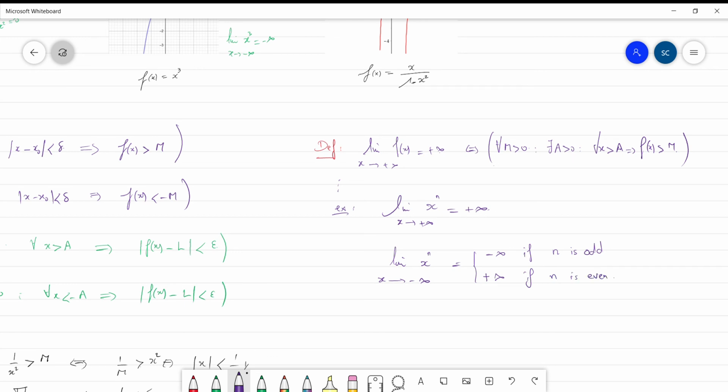And you can see it. These are basic limits that you can use to justify your limits later.